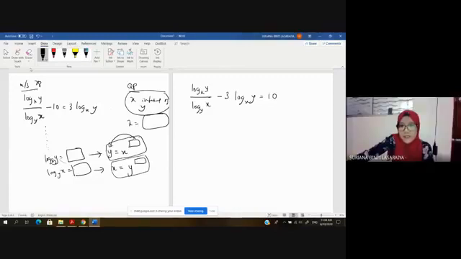So now di sini bila kita tengok log xy, this one base x, ini pun base x. So by the end of your solution kamu ada dua choice yang kamu boleh gunakan. Since di sini x-nya lagi banyak daripada y ni, di sini ada 1, di sini ada 1, yang di bawah ni kita tukarkan. Tapi tidak semestinya begitu ya.